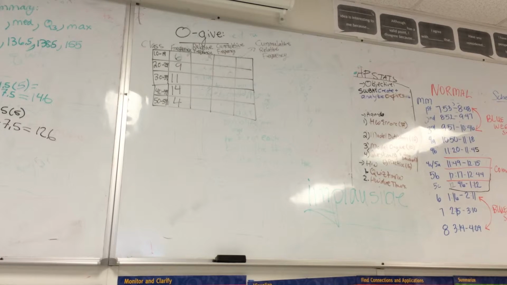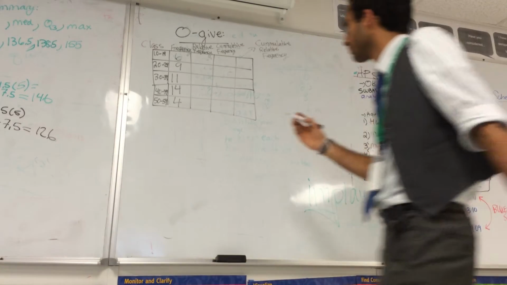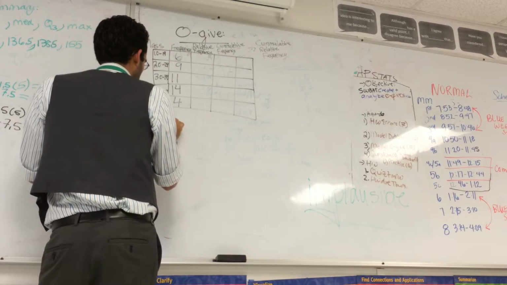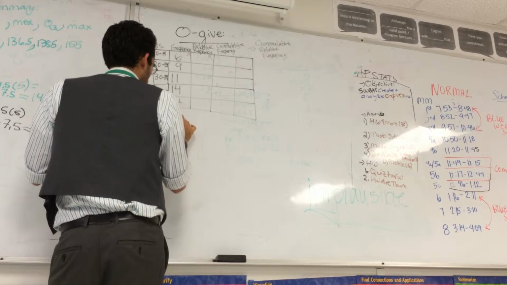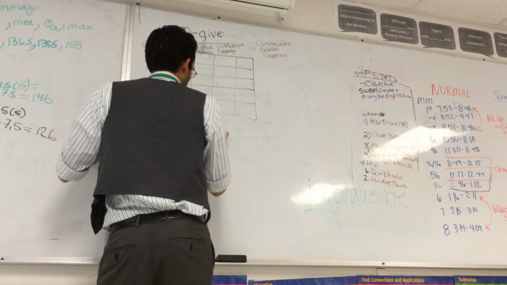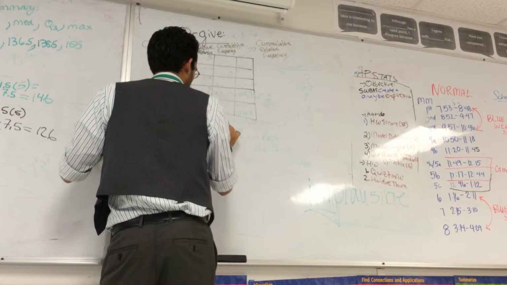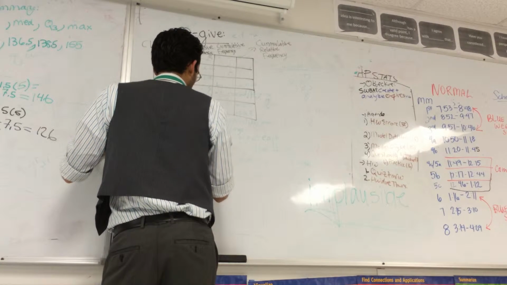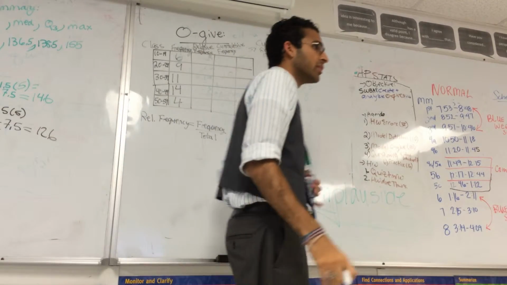Questions? So, frequency, the number of times something happens. Relative frequency is equal to the frequency divided by the total.